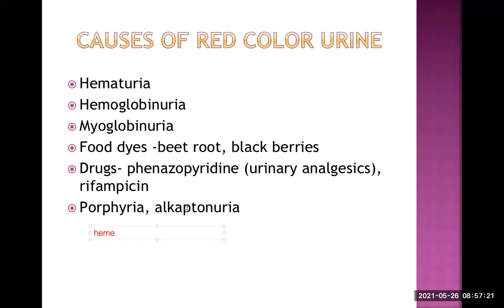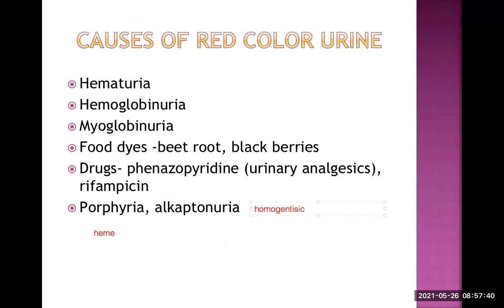Maybe this is the cause of red colored urine. Whereas alkaptonuria is another interesting condition. This is a disorder of homogentisic acid, a metabolite of some amino acids.